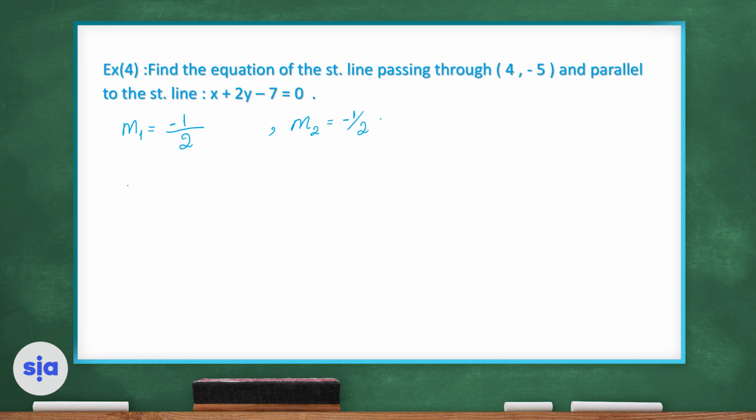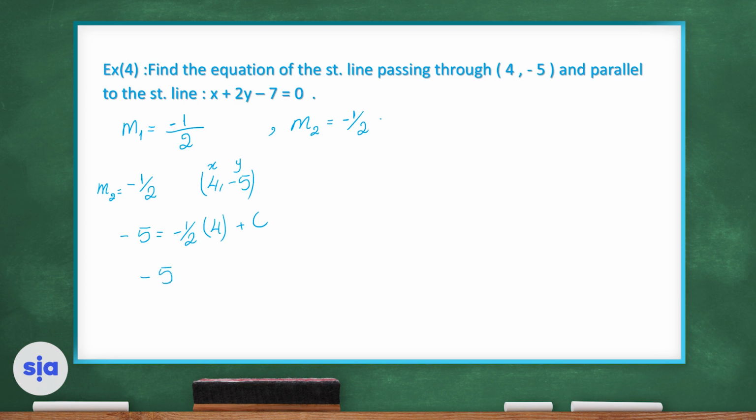So, to find the equation of the straight line, we have the slope negative half, and the point is (4, -5). We need to find c by replacing x by 4 and y by negative 5. So y equals mx plus c.